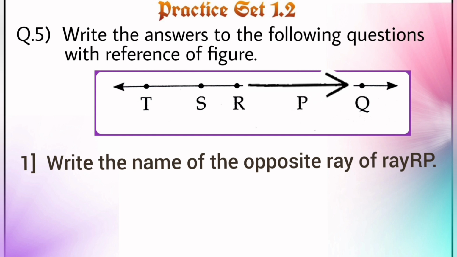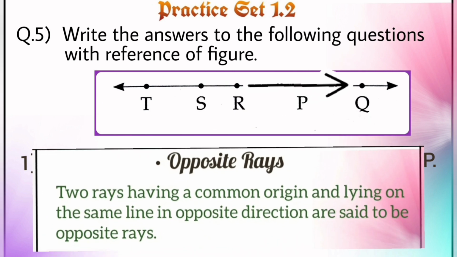So we have to find the opposite ray of ray RP, which means the ray we answer with should be directed opposite to this. If RP is directing to the right side, then our answer should be a ray directing to the left side.